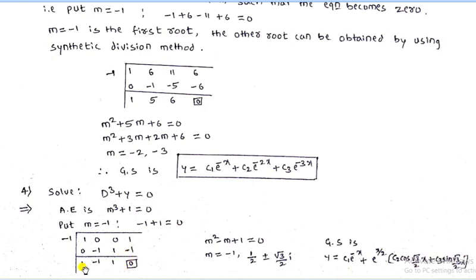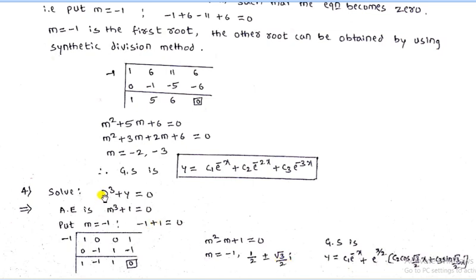So express these numbers in equation form: m square minus m and constant. m square minus m plus 1 equal to 0. So again, by using a calculator, you will calculate the roots of the quadratic equation, which gives complex roots here, that is 1 by 2 plus or minus square root of 3 by 2 into i.